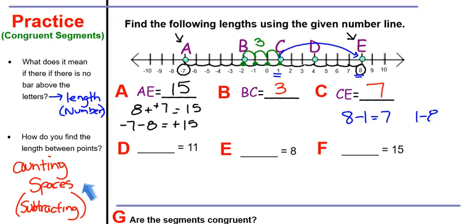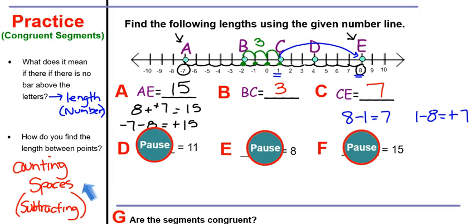Or 1 minus 8 equals negative 7, throw away the negative, 7 spaces. Now, the next questions, they ask us to find the length that is 11, 8, and 15. And again, what I would like you to do is pause the video, see if you can come up with those numbers.